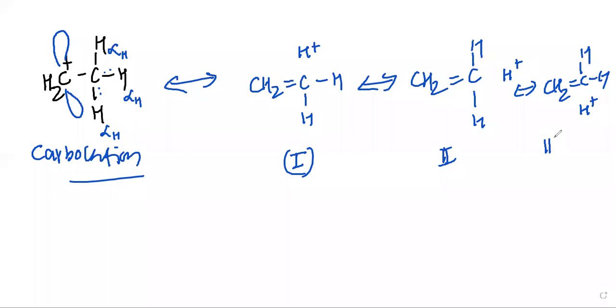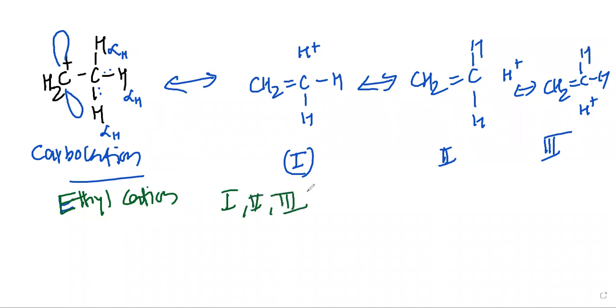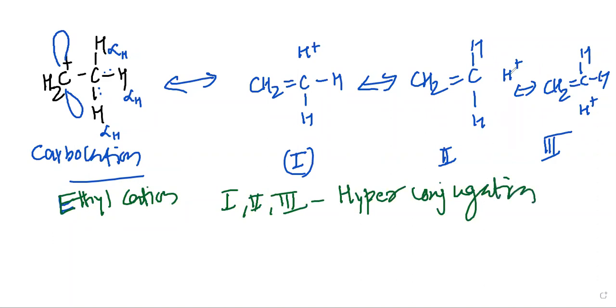So this is the third structure. Now this cation is known as the ethyl cation. Please remember this. These 1, 2 and 3 are known as the hyperconjugation structures, my dear students.